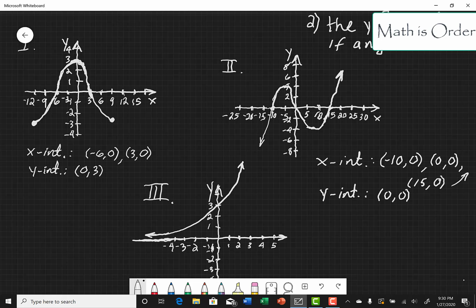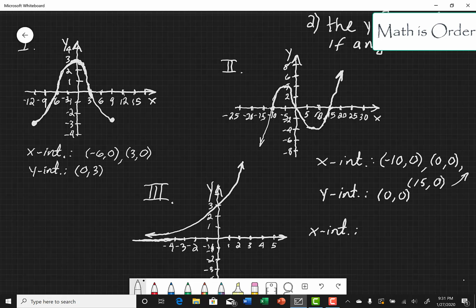All right, and for number 3, what are its x-intercepts? Does the graph cross the x-axis? It does not appear to cross the x-axis. So even though it looks to approach the x-axis here, we don't know if it'll cross or not.